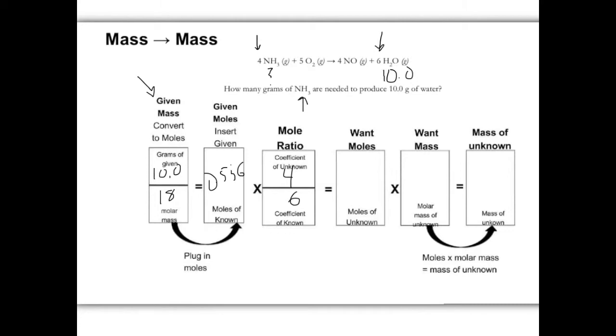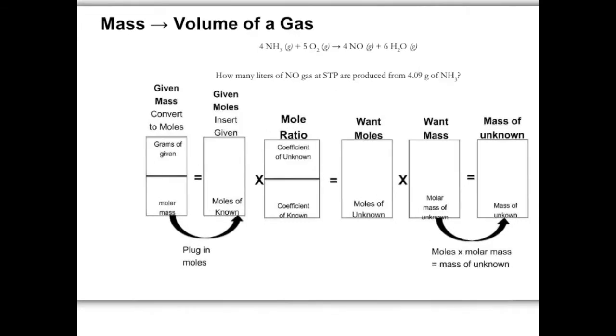So 0.556 times 4 over 6 is 0.371. And that's going to be times the mass of ammonia, which is 17, 14 for nitrogen plus 3 hydrogens. And 0.371 times 17 is 6.31 grams of ammonia would be needed to produce those 10 grams of water.